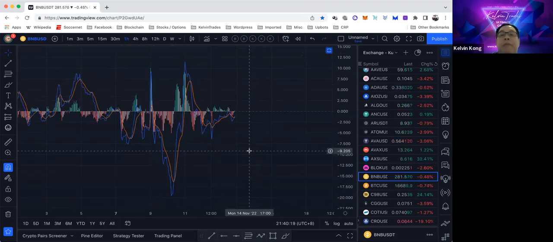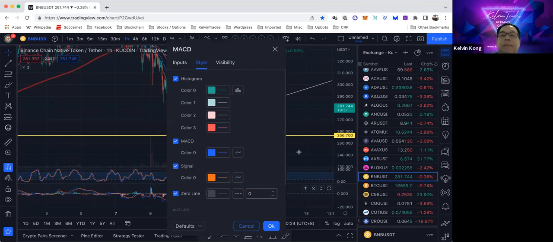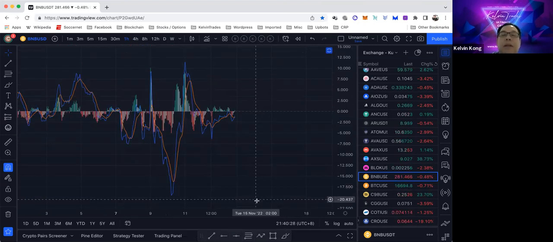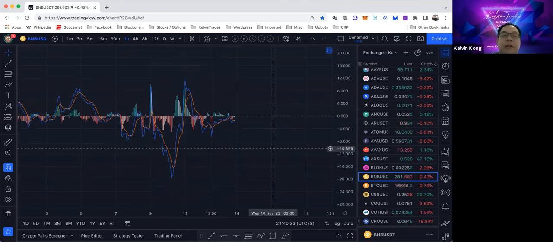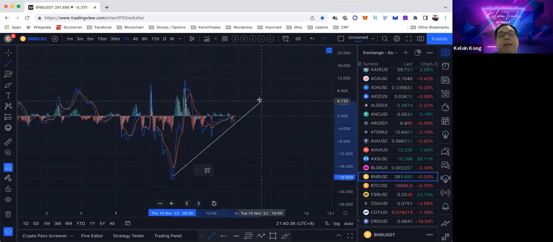There could be a breakout. The MACD seems bullish to me. You can see the MACD is also on a trend line. Hey guys, MACD also can draw trend line.